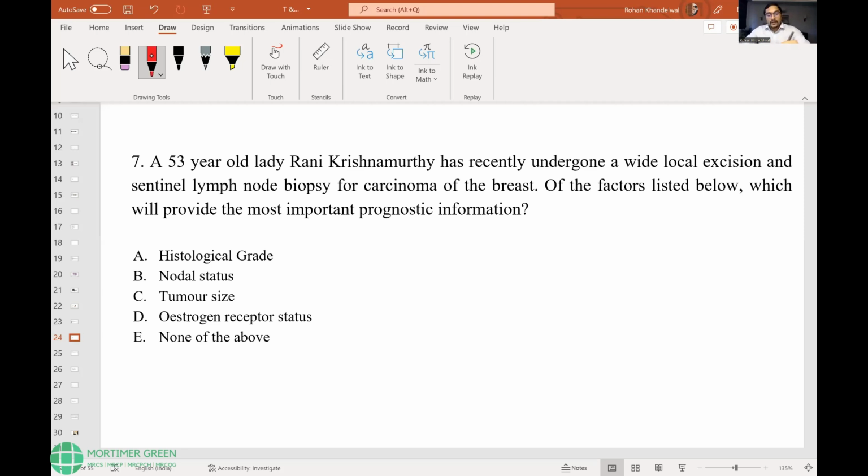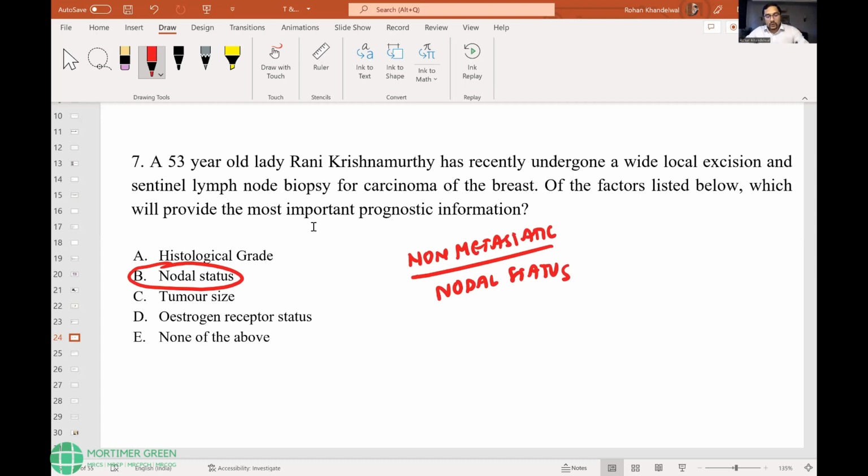That is correct. So in a patient where it is non-metastatic, there the nodal status is the most important prognostic factor, right? Whereas if it is metastatic, then what is the most important prognostic factor?